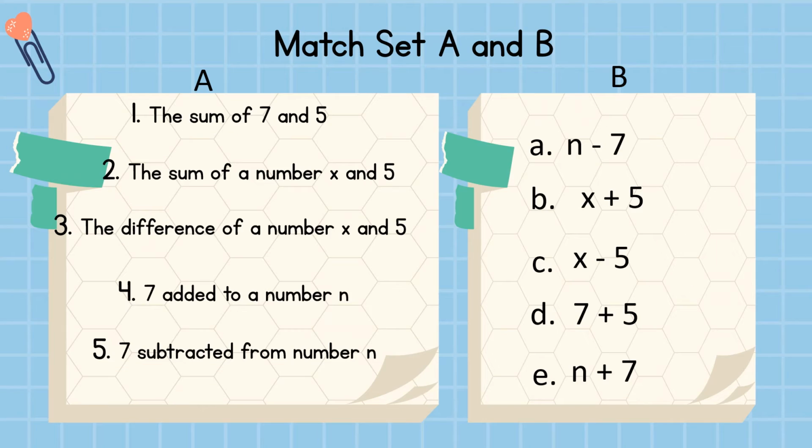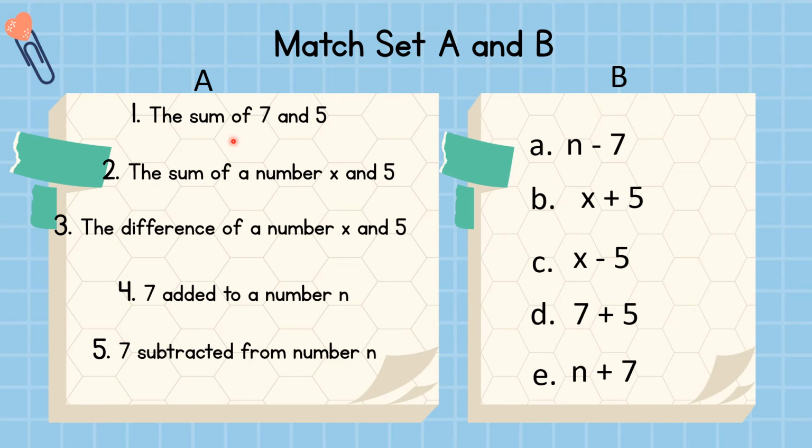Now I want you to test yourself. Try this, match set A and B. You can pause if you need more time, and play again when you are ready to reveal the answer. This tests how far your knowledge of this particular topic goes.